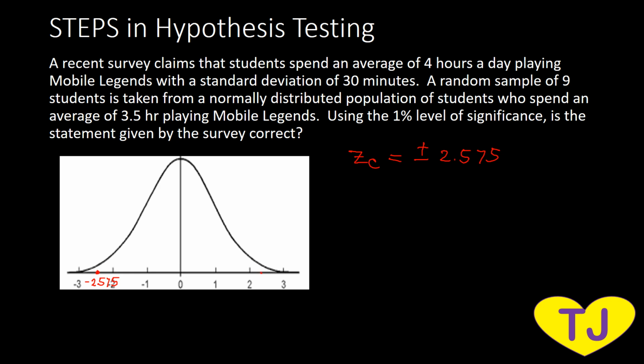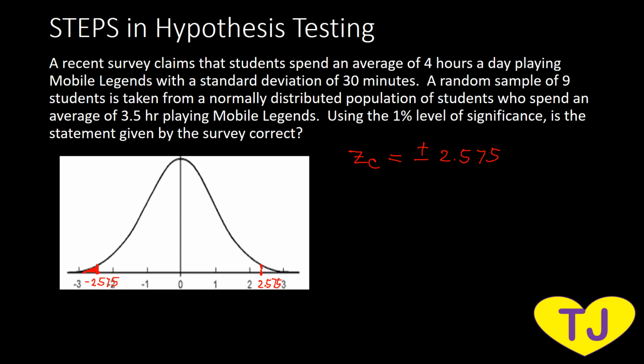So more likely that's somewhere here. So this is now our 2.575. Now, what are we going to do? Same thing, we are going to connect a line here towards your curve. And then, we will be shading this tail part area.